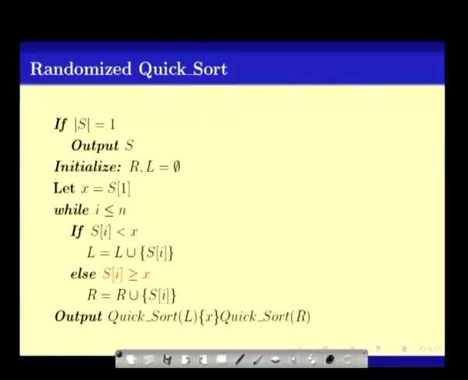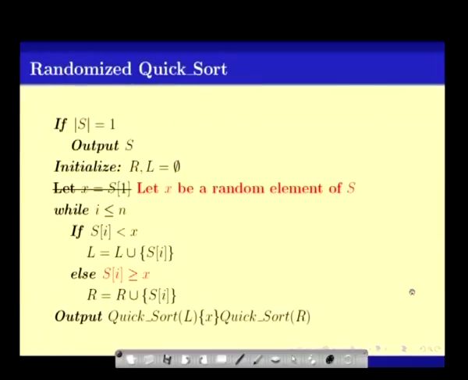Note that in the quicksort algorithm we started by picking the pivot x, which was the first element of this set, and then we went ahead and split the set S according to the pivot. But what happens if instead of picking x as the first element of S, we pick a random element from S?